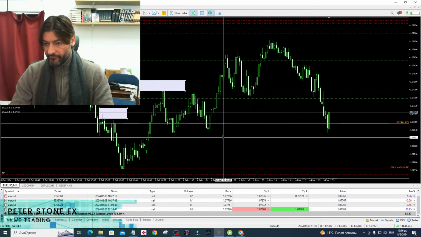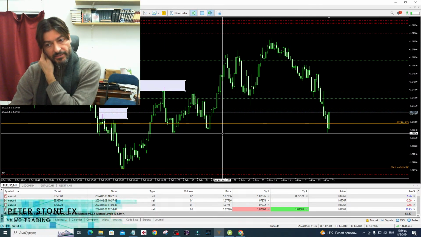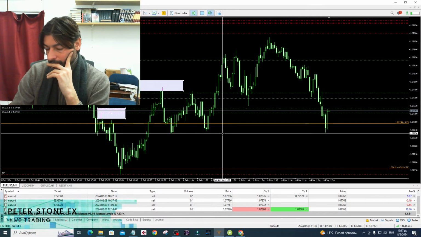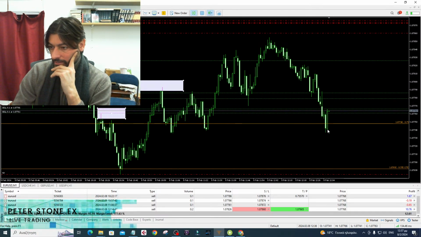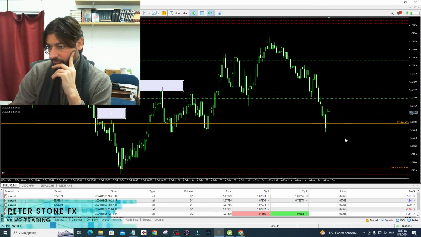This candle, let's see if it broke. No, it doesn't. It didn't take sell side liquidity, and this candle doesn't have a wick, but this does actually. So let's see where it will go. This is kind of a bullish order block here.